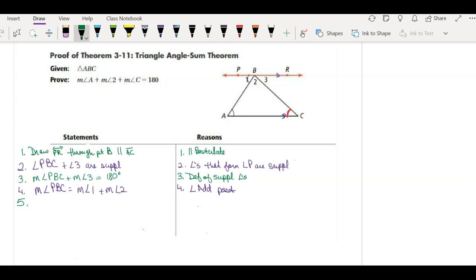I'm going to substitute in the measure of angle 1 plus the measure of angle 2, so the measure of angle 1 plus the measure of angle 2 plus the measure of angle 3 equals 180 degrees.